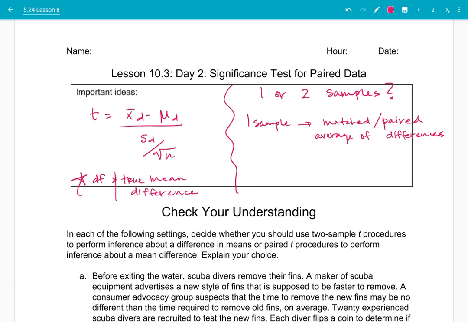When we had 2 samples, that was when we had 2 separate groups that were independent of each other. And where we found the average of them separately and then took the difference of their averages.